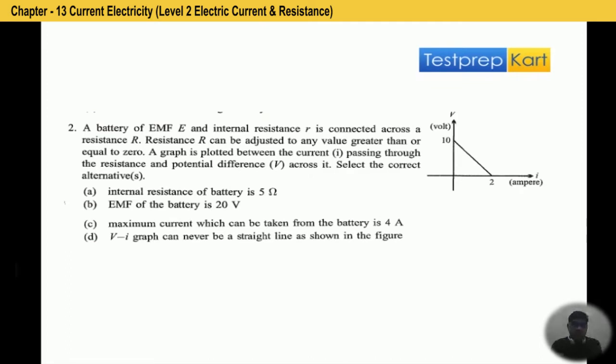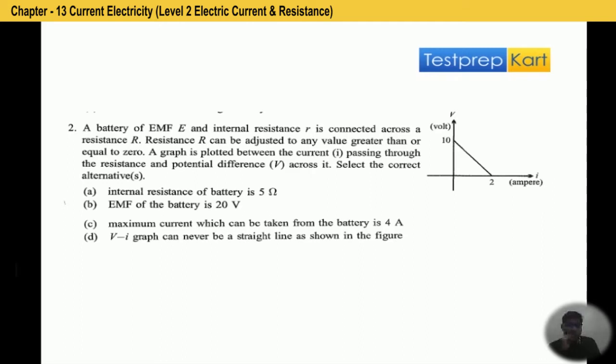Okay, let's see the next one. A battery of EMF E and internal resistance r is connected across a resistance R. R can be adjusted to any value greater than or equal to 0. A graph is plotted between the current passing through the resistance and the potential difference across the resistance.